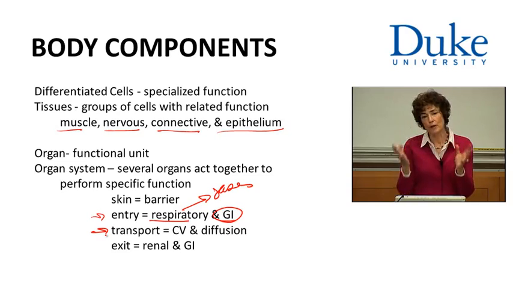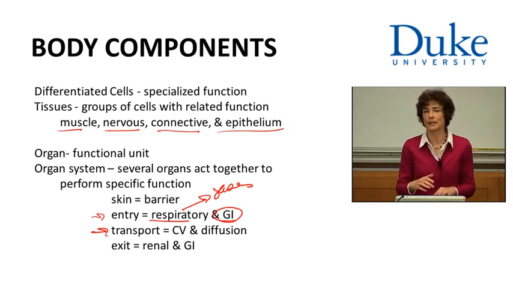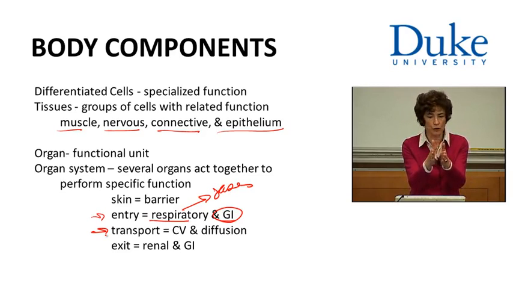This is done by bulk flow, and we'll talk about this when we get to the cardiovascular system, but this is moving materials through a series of vessels, which are the vasculature. Once they get to the tissues, then we have to move the gases and the nutrients and the solutes out of the vasculature and actually into the tissues themselves. And they have to cross a very small space. And this space is between the cells of the tissues and the vasculature.